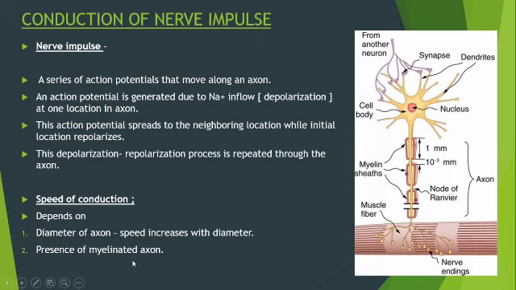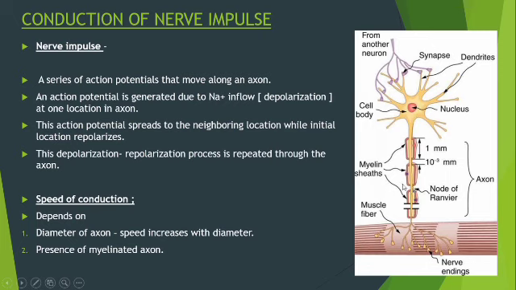Presence of myelinated axon. When the axon is myelinated, the action potential jumps from one node of Ranvier to the next one. Therefore, the speed of conduction increases. So here you can see the myelin sheath, and in between them there are the nodes of Ranvier.